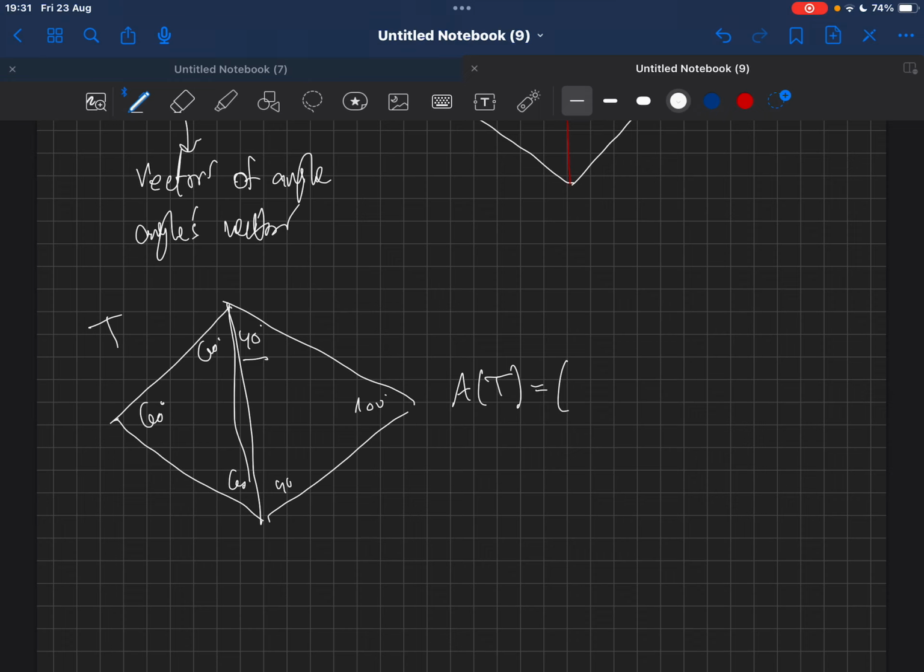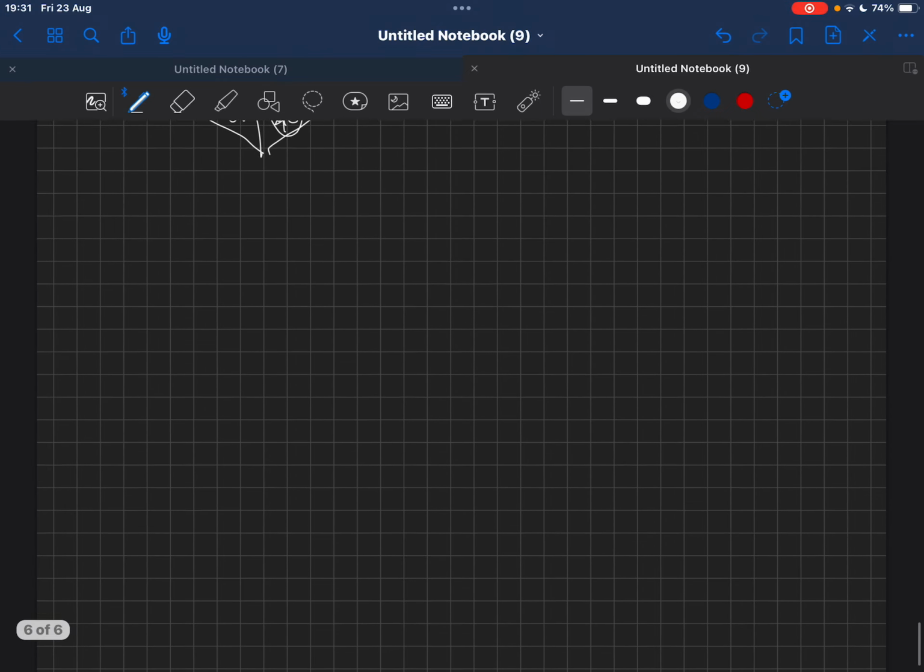So we start with the smallest one, which is 40. We have 2 times 40 here, so 40 degrees, 40 again. Then we have 60 3 times, so 60, 60, 60, and then the last one will be the 100. So this is the angles vector of this triangulation.